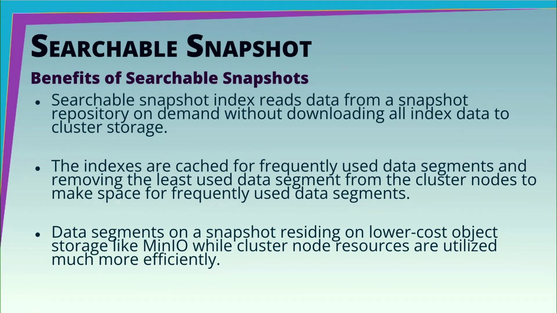It's only going to download the required amount. And then as the old data goes unused, it'll get removed from the cache, and it'll make room for new data. This way, you can keep the snapshots more efficiently, where the unused data will be on low cost object store, and the queryable data, which is the most important, will be on the open source cluster hardware with the fast disks and memory.